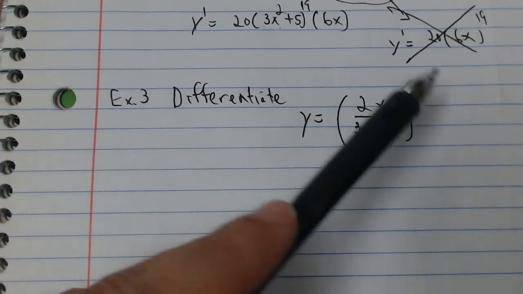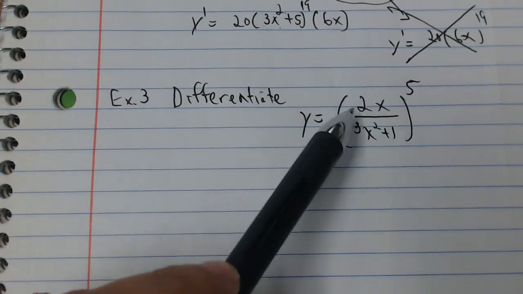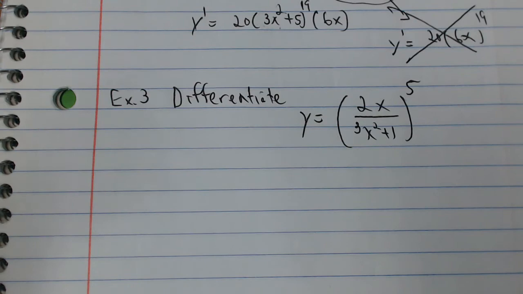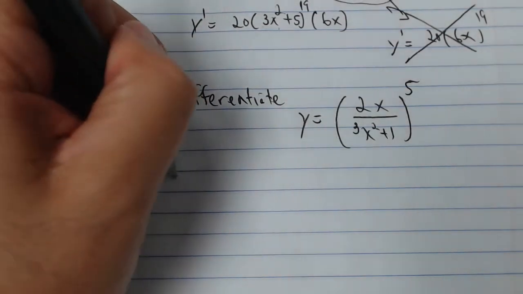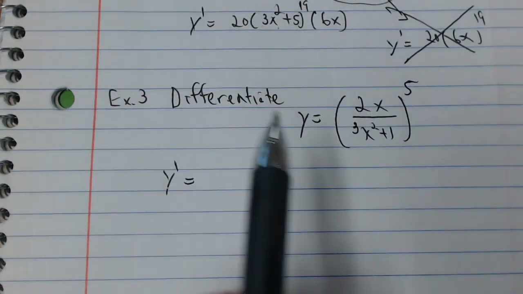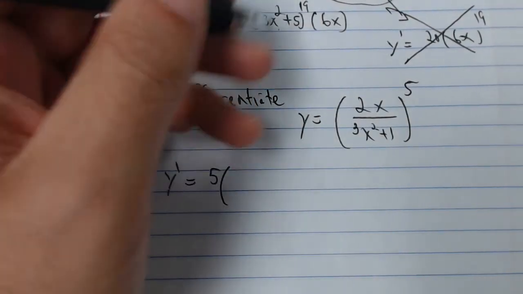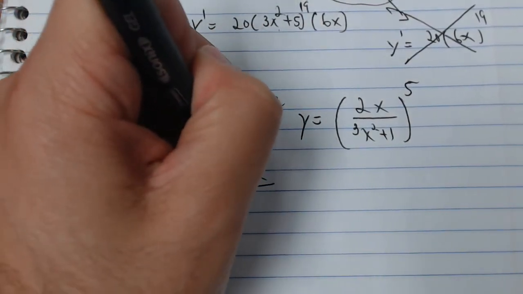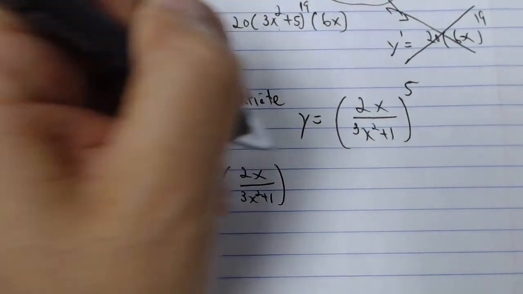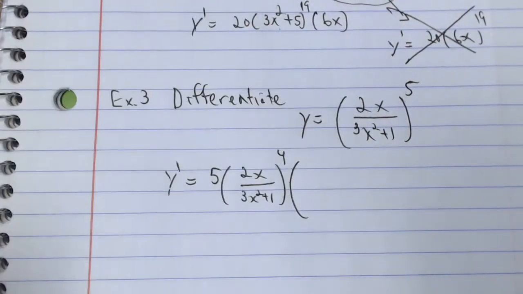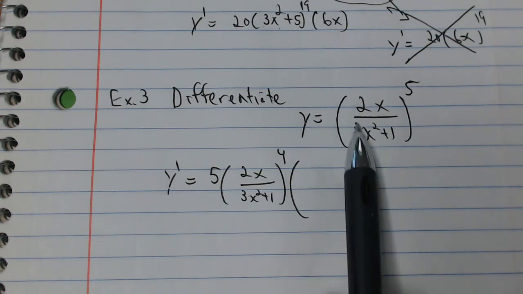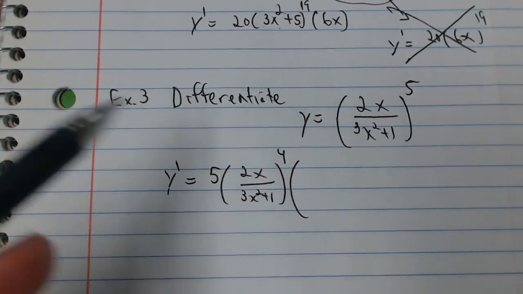So I'm going to use the chain rule, but when I work my way inside to find the derivative of the inside, I'm going to have to use the quotient rule. So y prime equals the derivative of the outside, bringing the 5 down: 5 times (2x over 3x squared plus 1) to the power of 4 times the derivative of the inside.